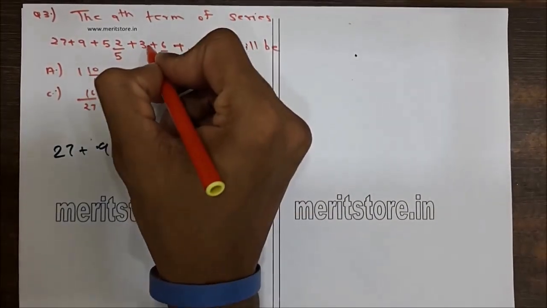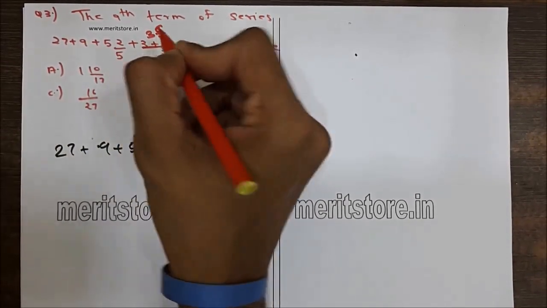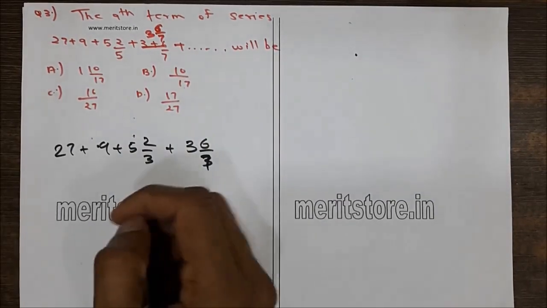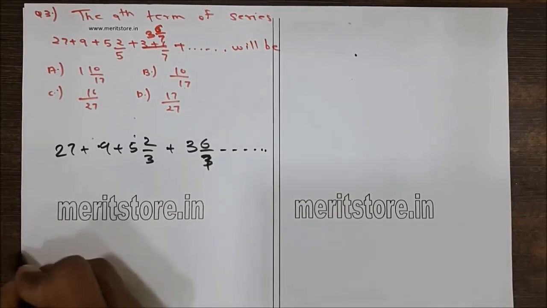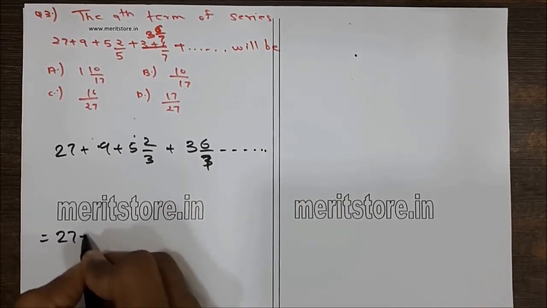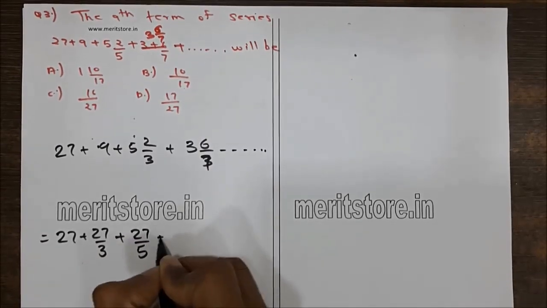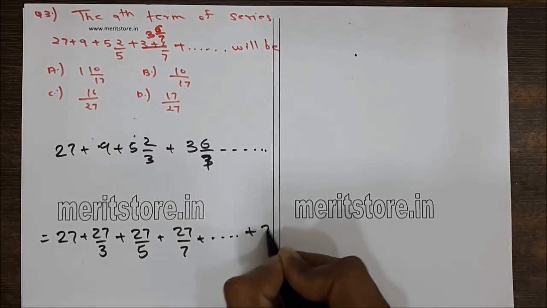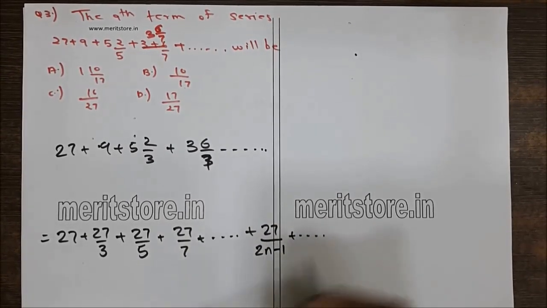Please note that the series is 3 6 by 7. This will be 27 plus 27 by 3 plus 27 by 5 plus 27 by 7 plus, this will be 27 by (2n minus 1).